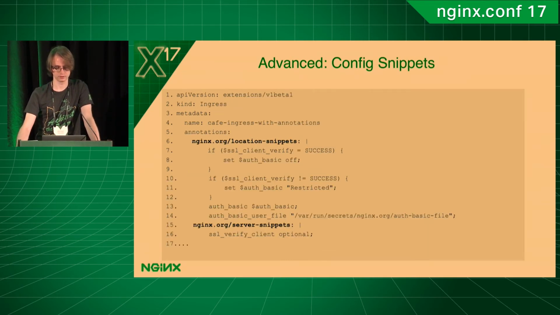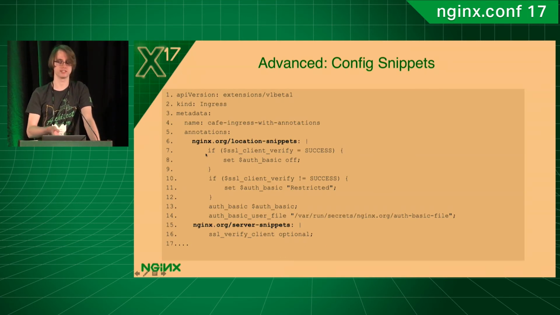Well, also there are a few advanced techniques. If you have special requirements, you can use the group of annotations called snippets, and those annotations allow you to insert arbitrary NGINX configuration snippets into the generated config files. So for example, here we have the location snippet annotation, to which we assign the NGINX configuration snippet.